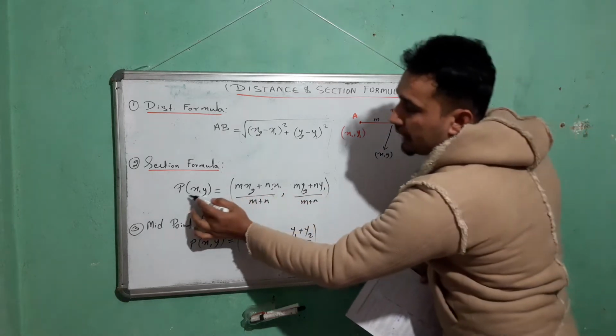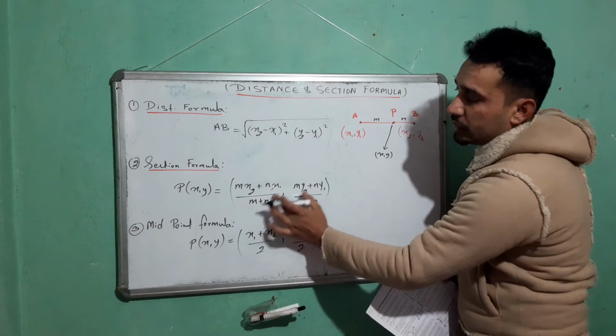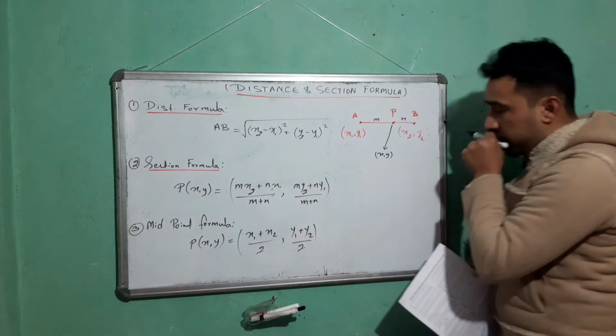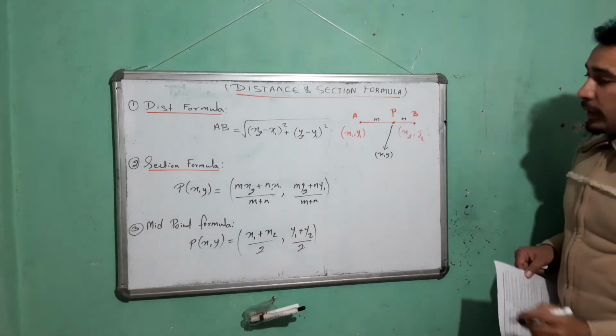So P, x comma y, can be calculated using this formula: (mx2 plus nx1) divided by (m plus n), and (my2 plus ny1) divided by (m plus n).